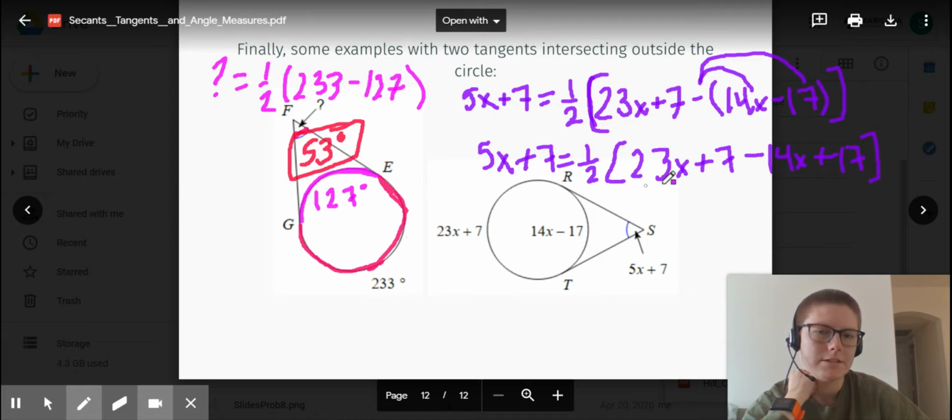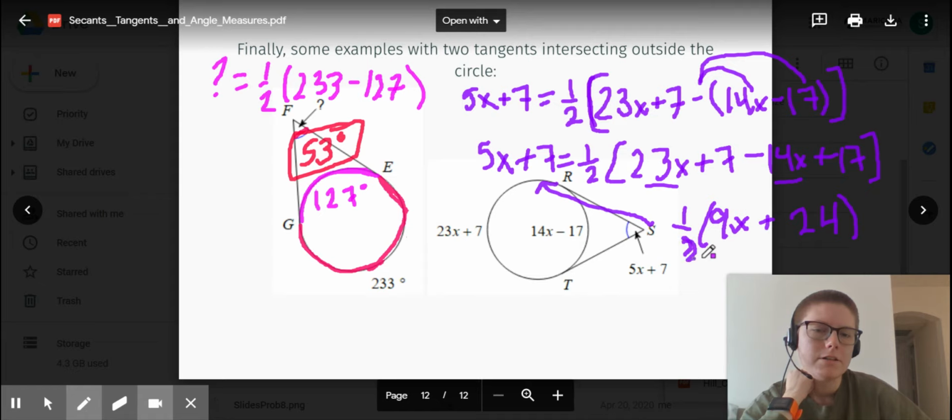Okay, combining like terms, we got our 23 minus 14 is 9x. Our 7 plus 17 is 24. Brain wasn't having it. Okay, in parentheses, still the 1/2, still equal to that.